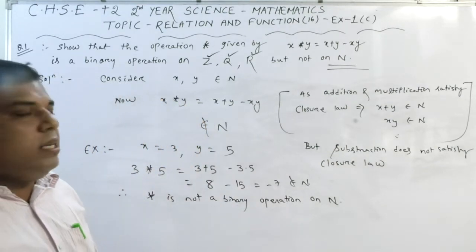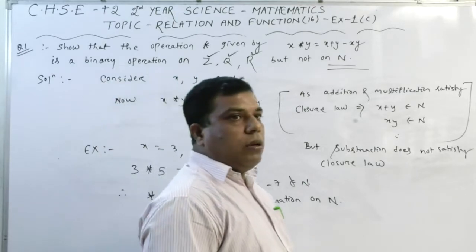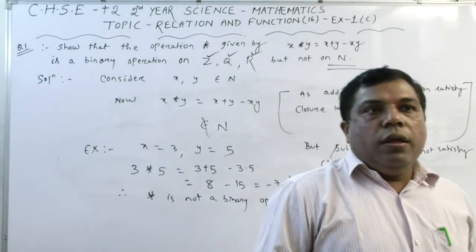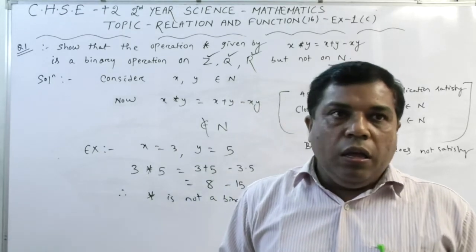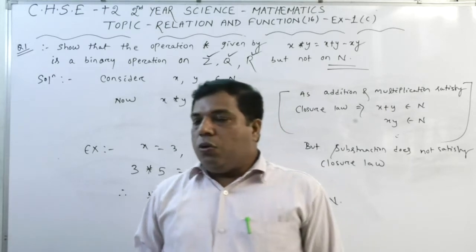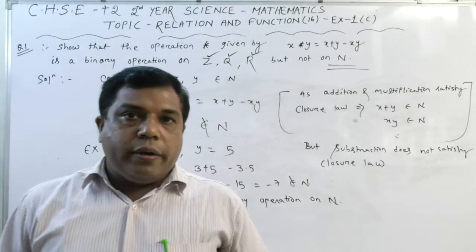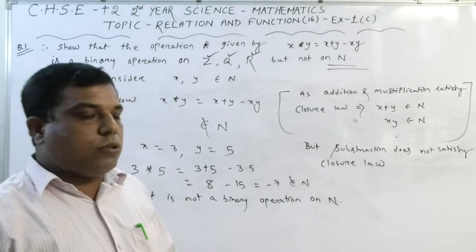Clear, my dear students? So with this we are able to solve question 1, and we know that an operation is said to be binary if it satisfies the closure law on the set. Okay. So with this we completed question 1. Now we will move to the next question.